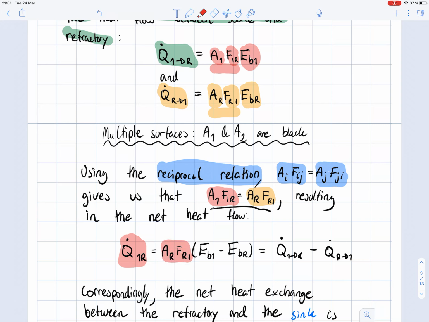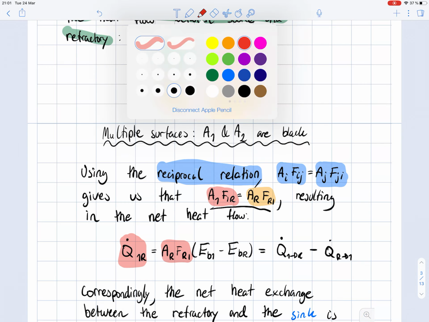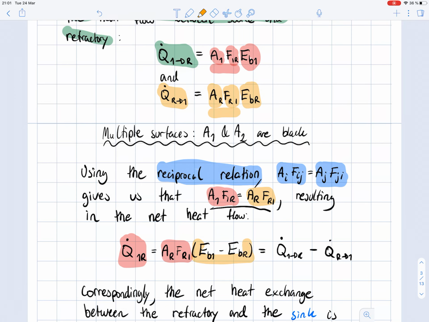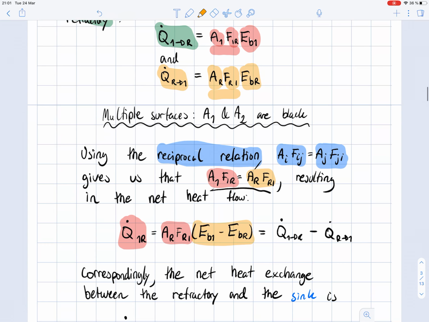We have a common area and view factor coming from the reciprocal relation, and we here have the difference in emitted blackbody radiative flux. So that's from surface 1 to the adiabat.